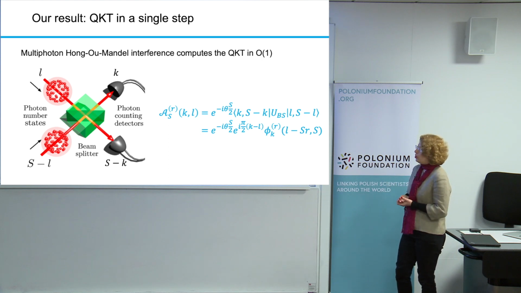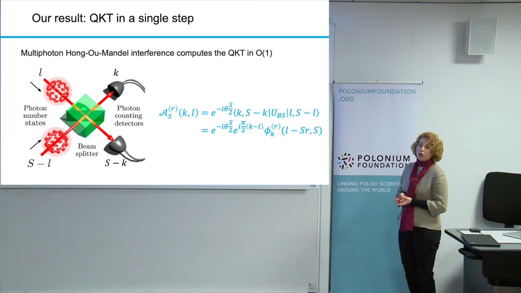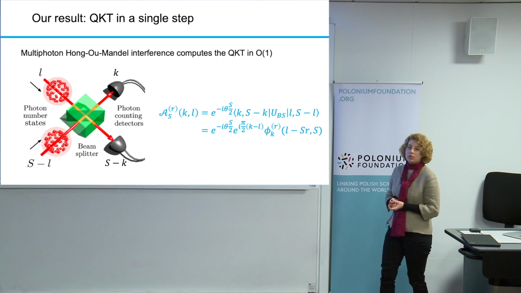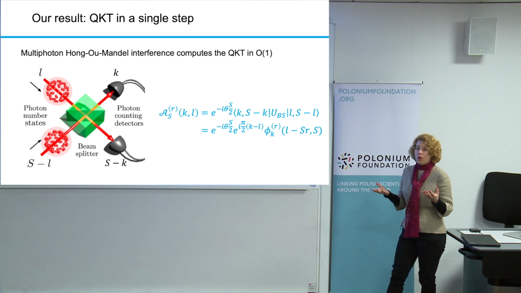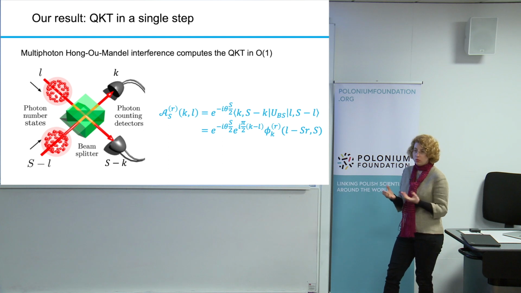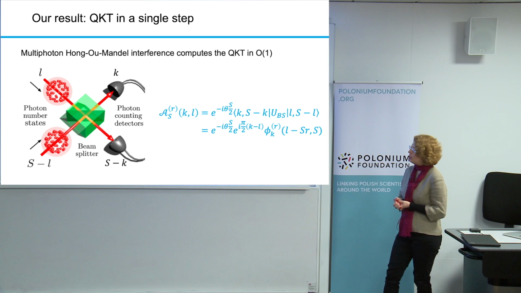To do that, you have to prepare specific quantum states as an input, namely photon number states or Fock states, in other words, eigenstates of quantum harmonic oscillators. So you prepare two states like that, or a two-mode superposition of states like that.